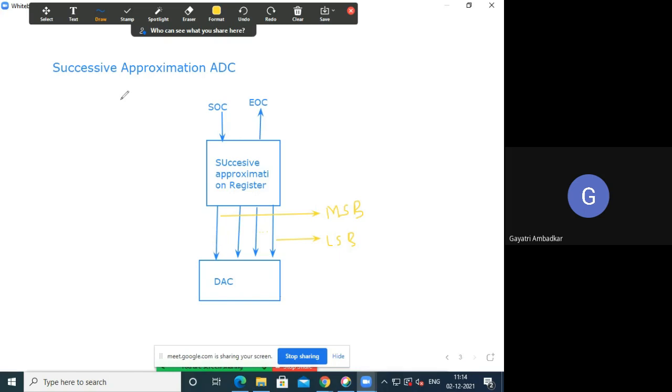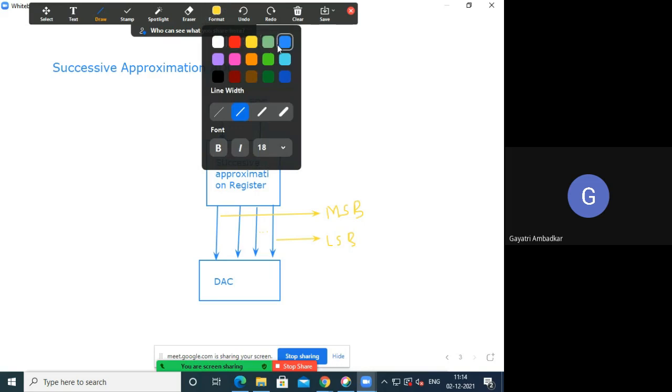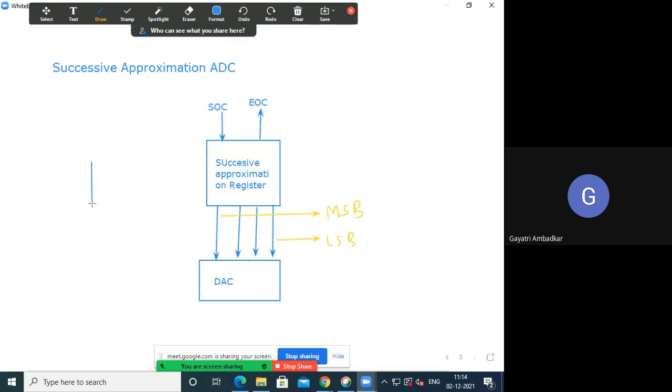Output of the DAC is then given to the comparator. Again we have a comparator now. This is the comparator and its output will go to the successive approximation register.